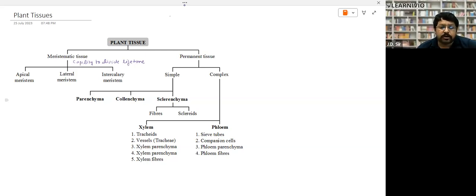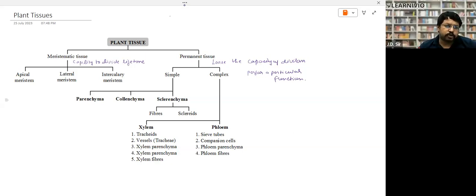Permanent tissues lose the capacity of division, and they perform a particular function, or they get differentiated, right? Meristematic tissues are not differentiated. They do not perform a particular function.